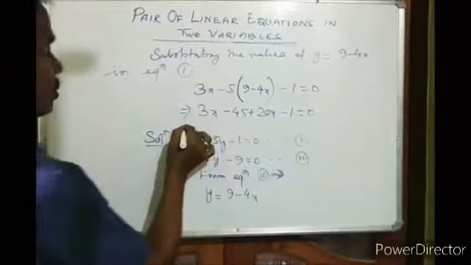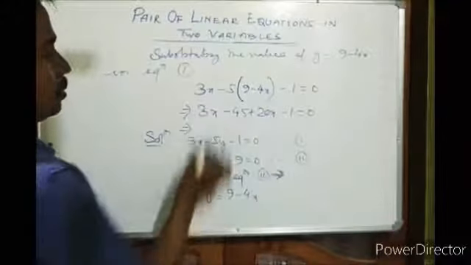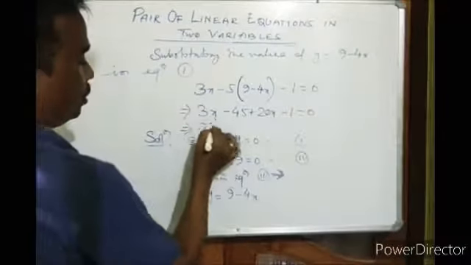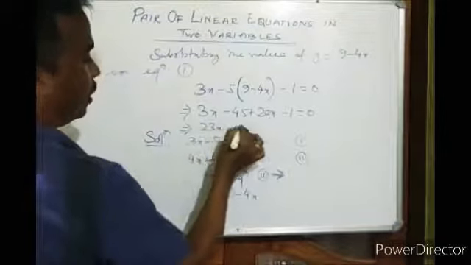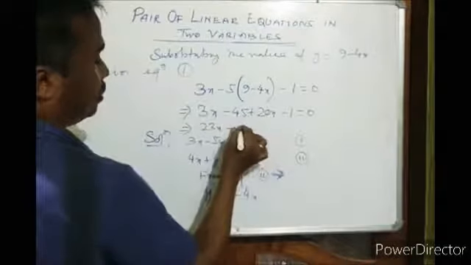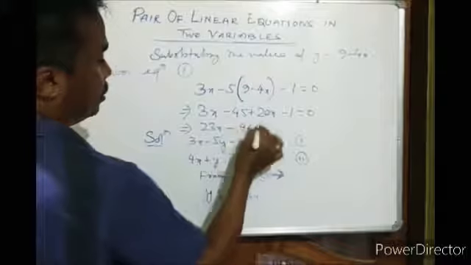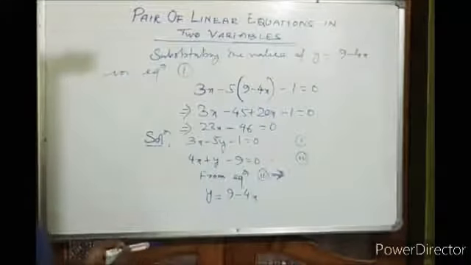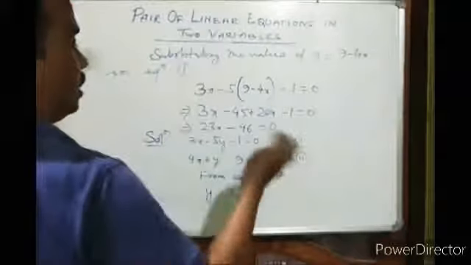So this implies 3x plus 20x is 23x, minus 45 minus 1 is minus 46, equal to 0.